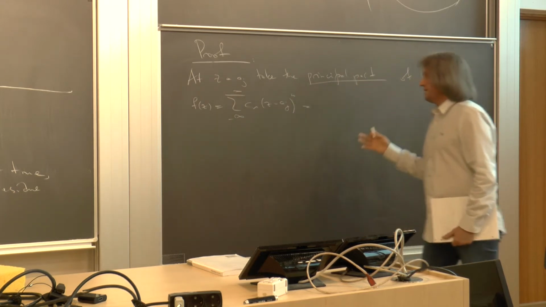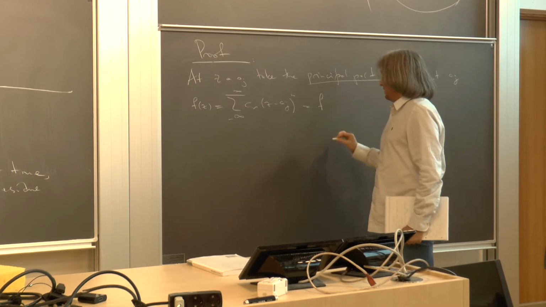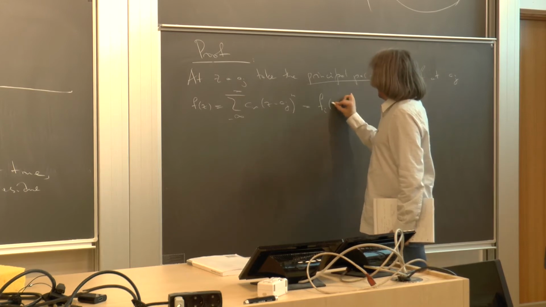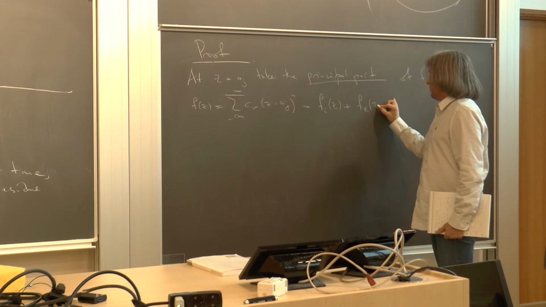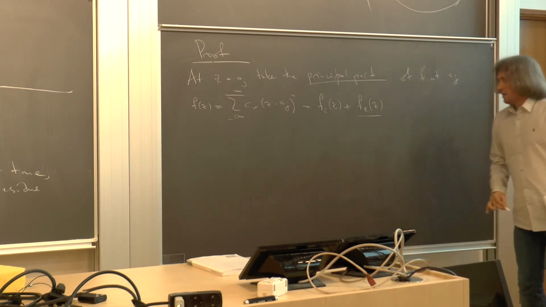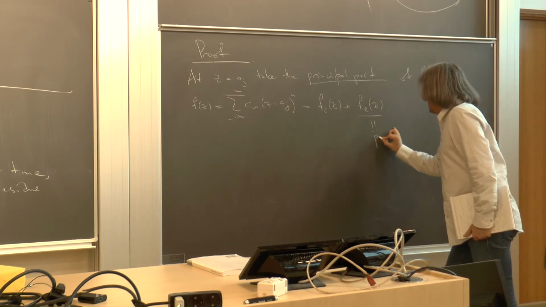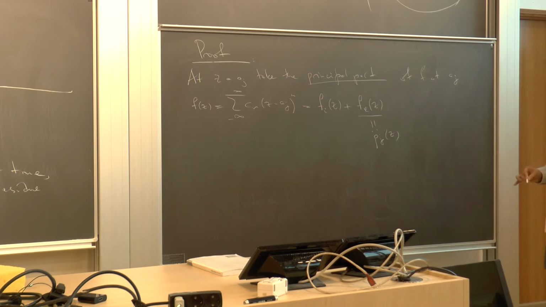And then this Laurent series splits into two parts, which we called internal and external. The internal part was the holomorphic part, and the external part was the principal part, denoted by P_j of z, the principal part.